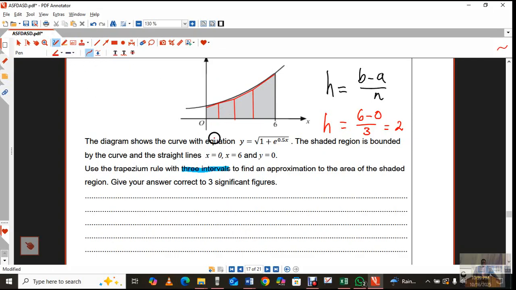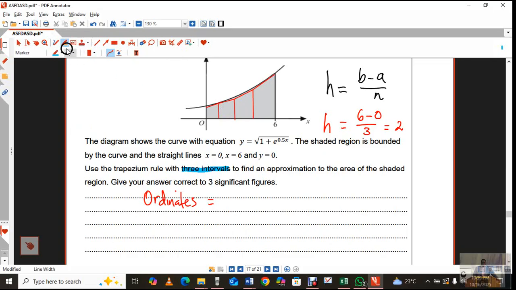We call them the ordinates. When you look at all the ordinates, the number of ordinates is always one more than your strips. The ordinates are these vertical lines.